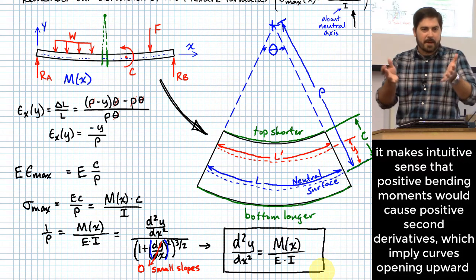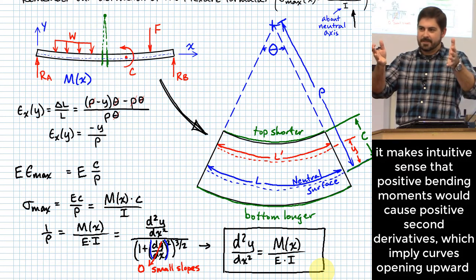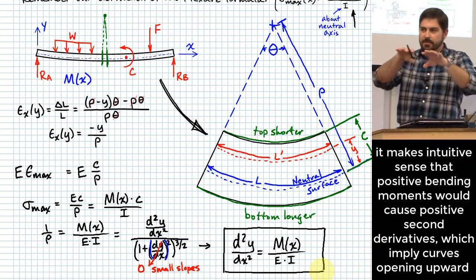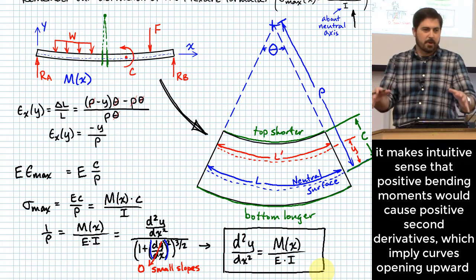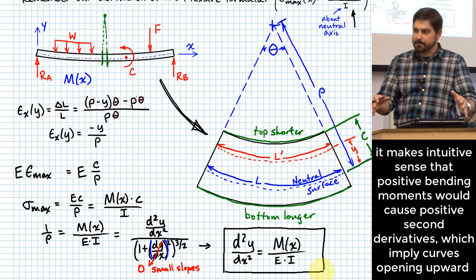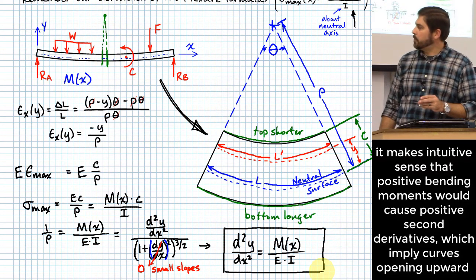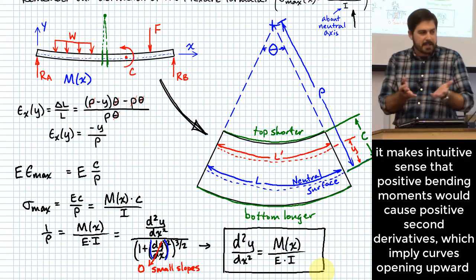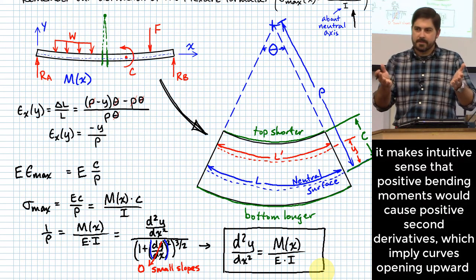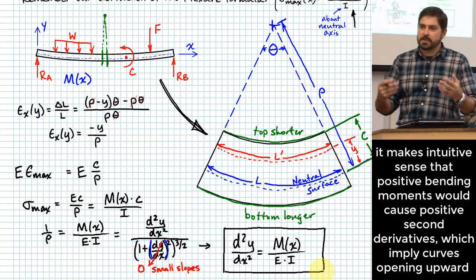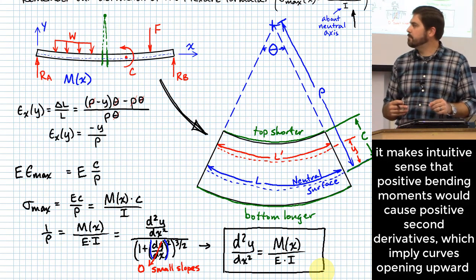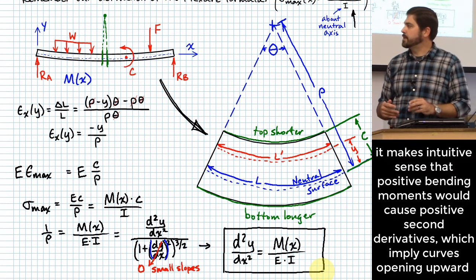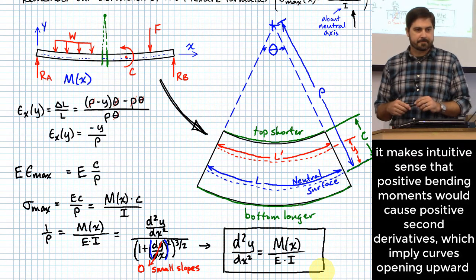It's concave up, right? And then if you have a negative second derivative, what do you have? It opens downward, it's concave opening downward. And so this actually makes sense. M of x, when it's positive, it's a smiley beam, right? So it should make sense that with a positive bending moment, we would have a positive second derivative here.